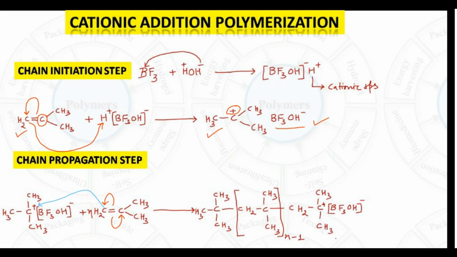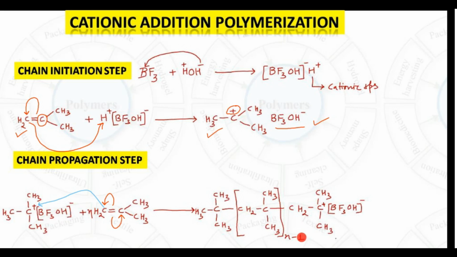But do not confuse this n minus 1. N minus 1 means the length of this particular chain will have one unit less. But the removal or the addition of 30 to 40 such units will not make any difference in the properties of the polymer.